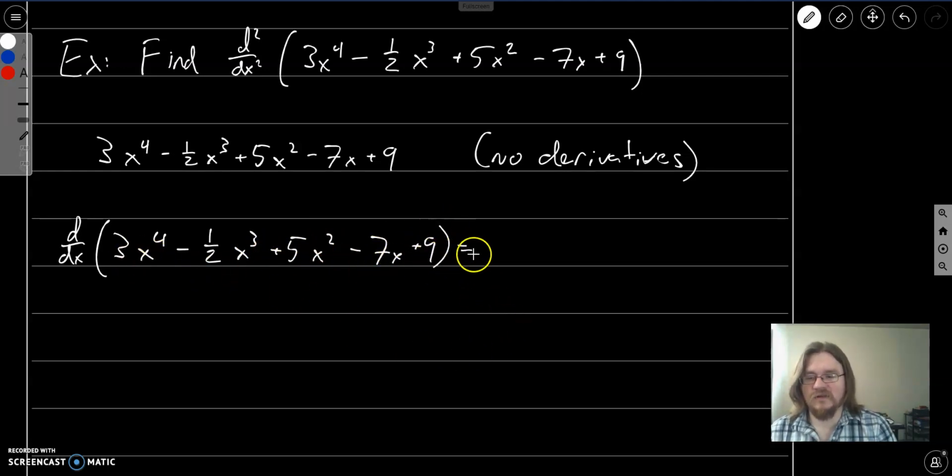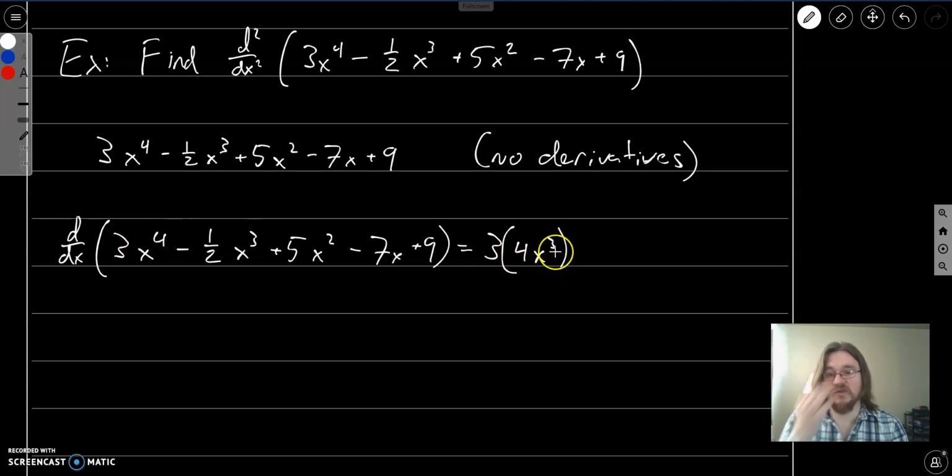So here, again, we have a bunch of things being subtracted or added to each other, so we can just take the derivative of each one of these guys individually. So the derivative of 3x to the 4th is going to be 3 times the derivative of x to the 4th, which by the power rule will bring down the exponent and raise it to 1 less power.